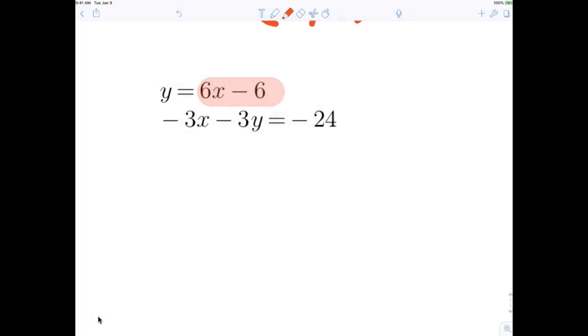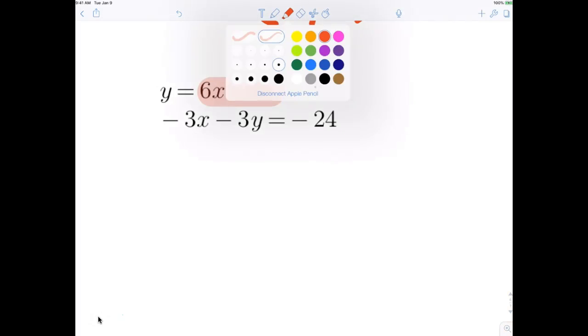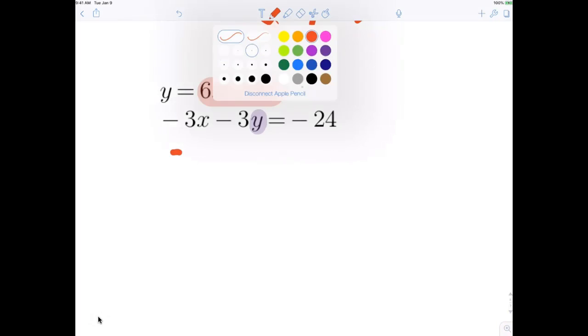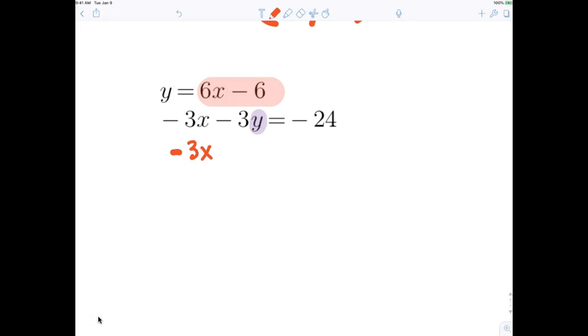That's going to become what? Minus 6. Right. So here we go. So negative 3x minus 3, open parentheses, 6x minus 6, close parentheses, equals negative 24.